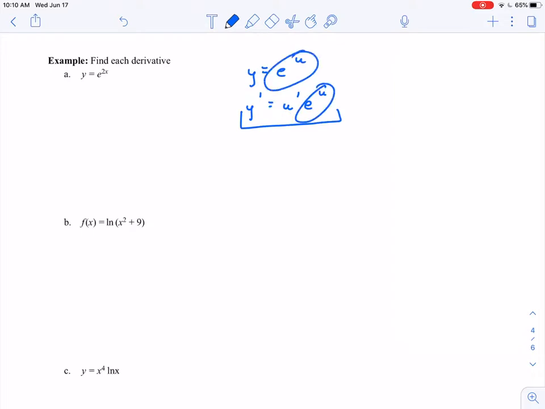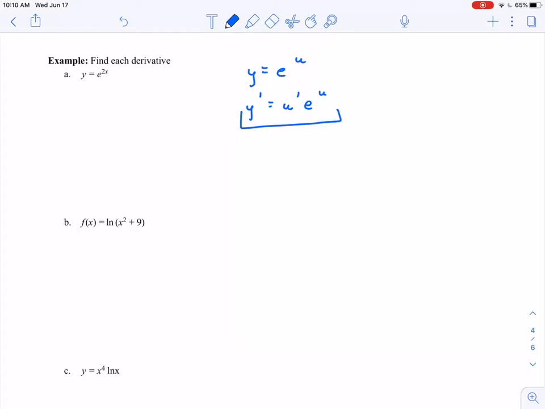This is exactly the same, and hopefully we feel a similarity to e to the x. Remember when we were taking the derivative of e to the x, that part of our function stayed exactly the same. So when I take the derivative of e to the u, this part of my function stays exactly the same. We just have this extra multiple of u prime. That's really all we're doing.